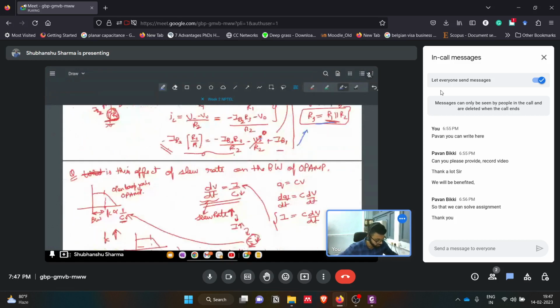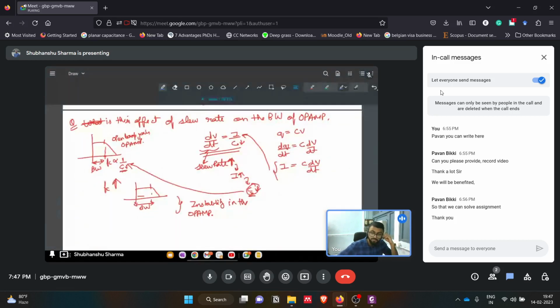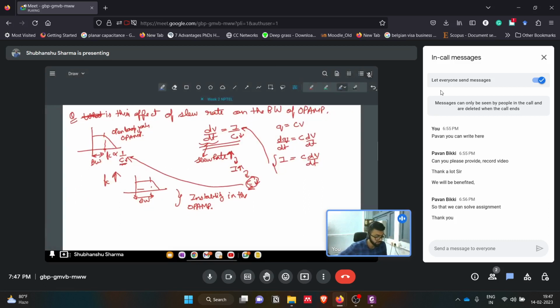Then we saw the effect of slew rate on the bandwidth. We know that slew rate is the change of the voltage with respect to time, and that change is given by the current divided by the capacitor. All op amps have a compensating capacitor, which is why the open loop characteristic is like a low pass filter, where the cutoff frequency is decided by this compensating capacitor, which is built in.